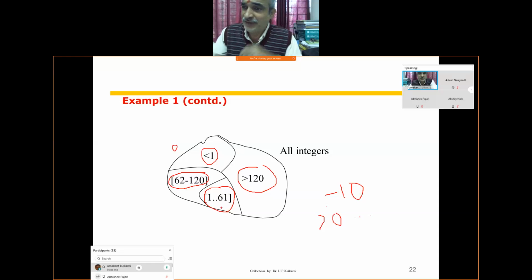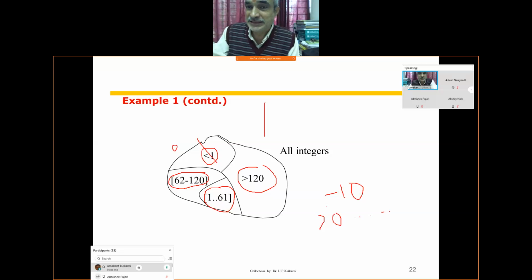If there are requirements for the program to behave differently when age is less than one, when age is between this, when age is this, when age is between that, if there is different treatment, then you have to take one sample from each partition and feed it to your program and check the behavior. Please remember that.